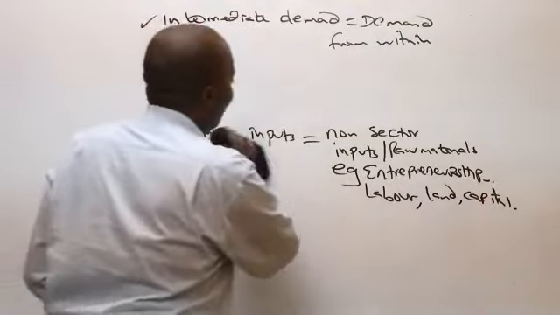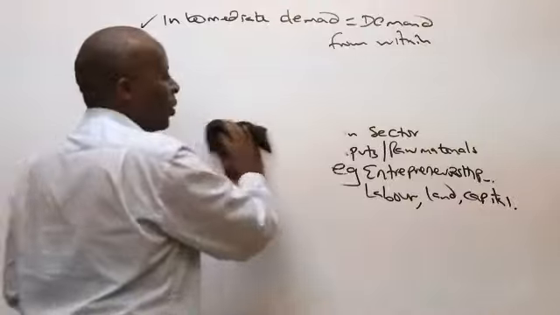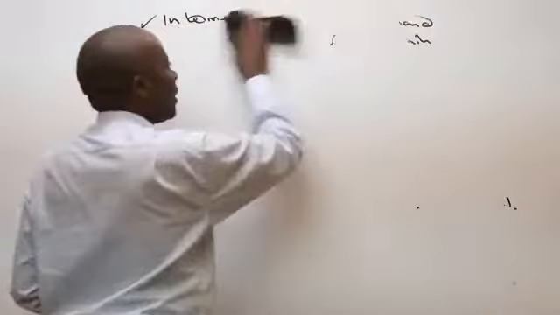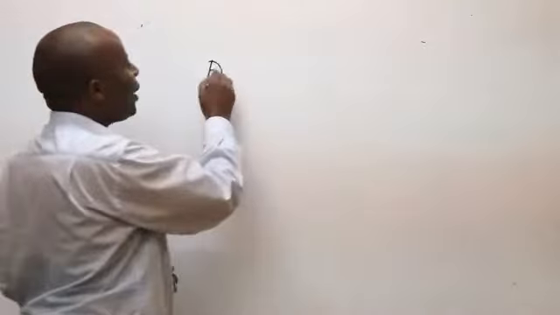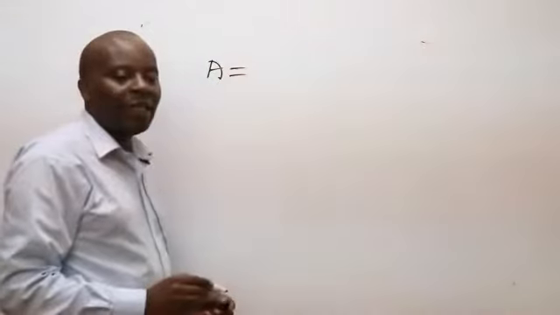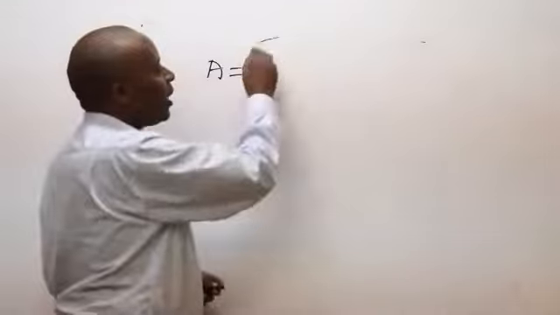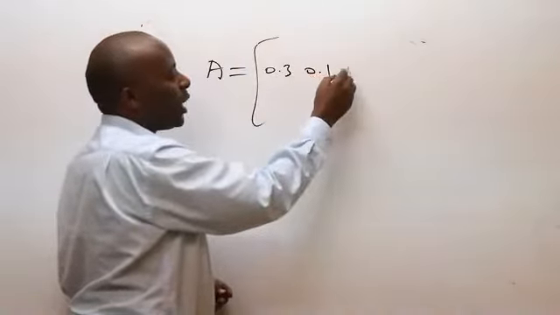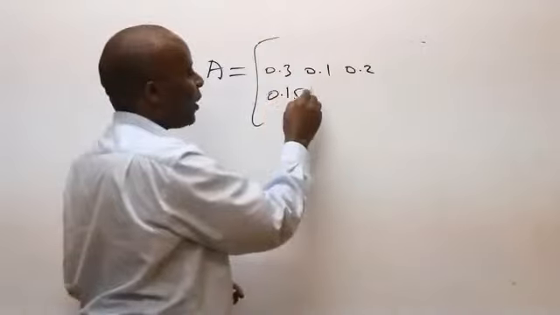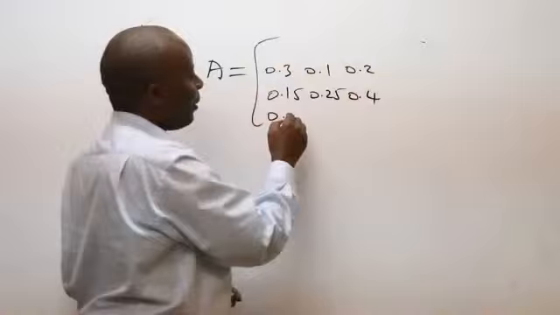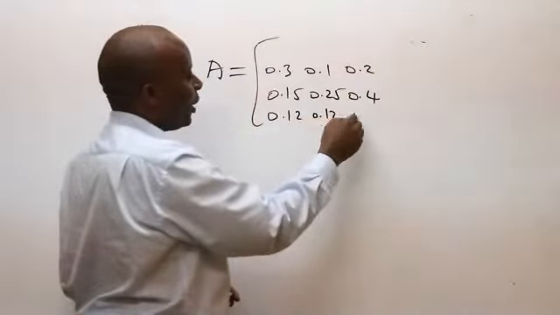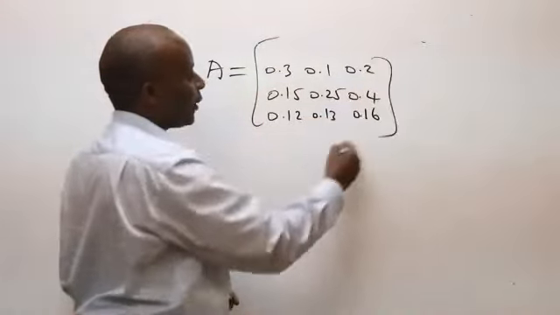If I was to be given a chance to set this exam of yours of August 30th, I'll come and give you a three sector thing. I'll come and give you A of 0.3, 0.1, maybe 0.2, 0.15, maybe 0.25, maybe 0.4, and so on.